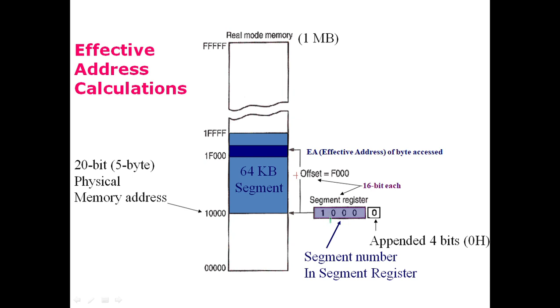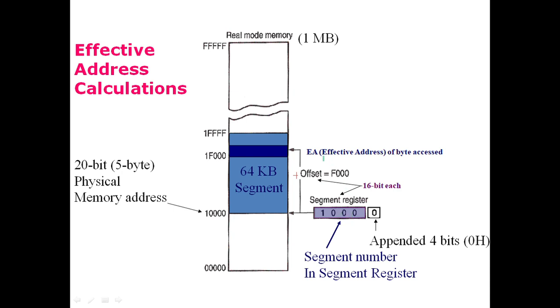In this example, the segment register has 1, 0, 0, 0. These are hexadecimal digits, and each hexadecimal digit corresponds to 4 bits in binary, so this segment register contains a 16-bit value.